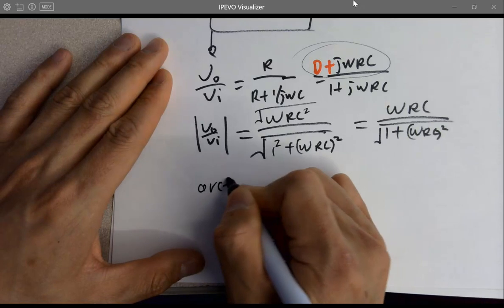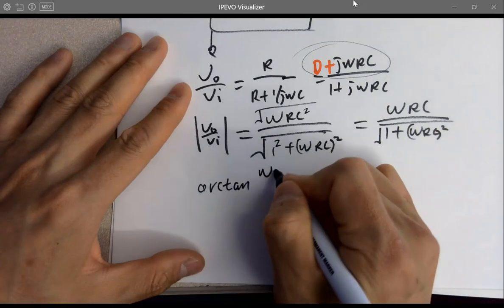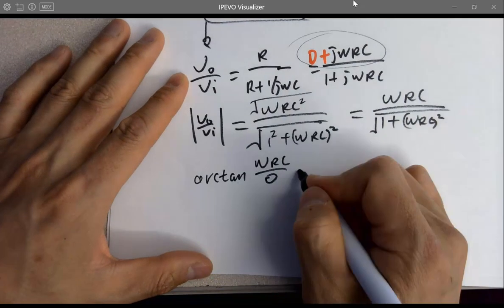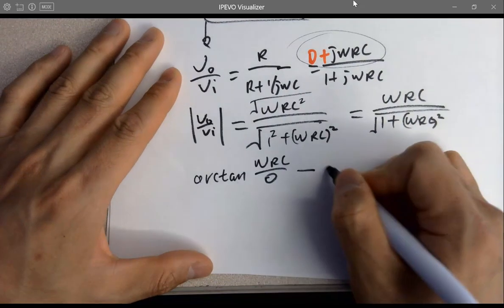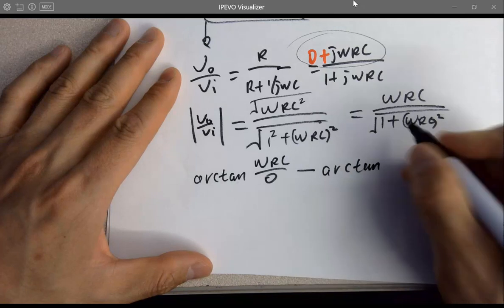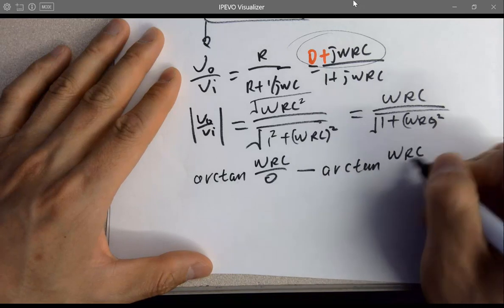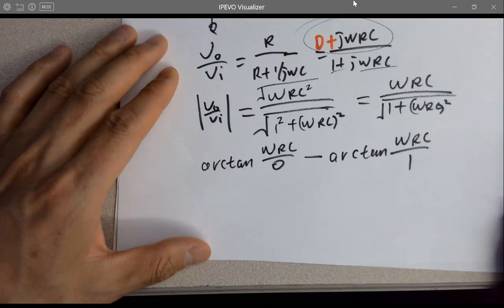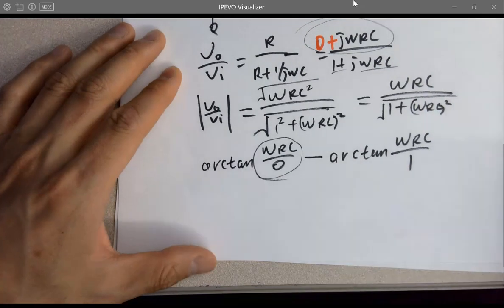Arc tangent of omega RC over 0. That looks odd. Minus arc tangent of omega RC over 1, right? So what is this?